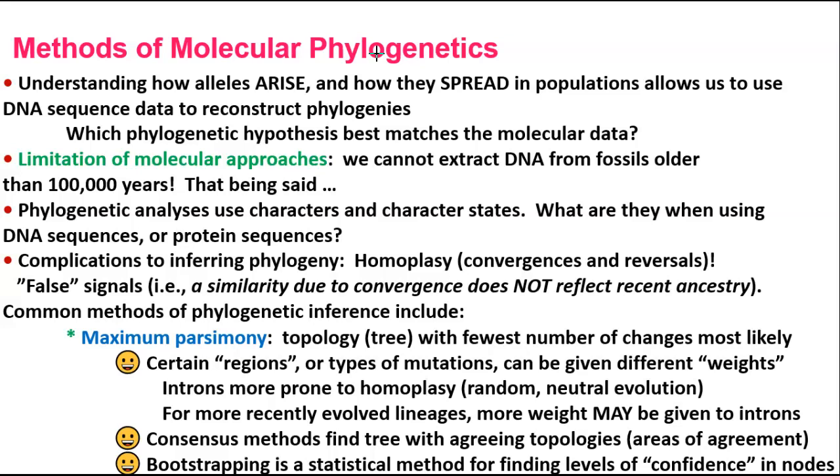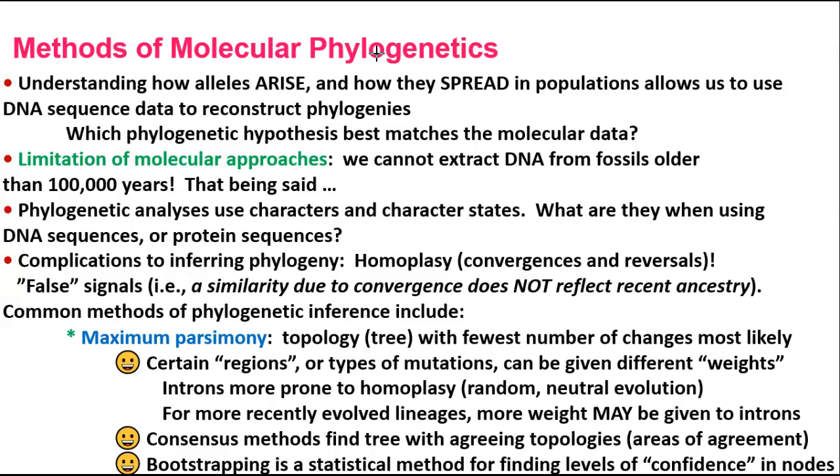So these are false signals. The fact that, say, birds have wings and bats have wings, well, that's a false signal. The fact that they both have wings does not imply that they are closely related. The wealth of other kinds of data in anatomy, etc., shows that they evolved wings separately. So homoplasy creates false signals.